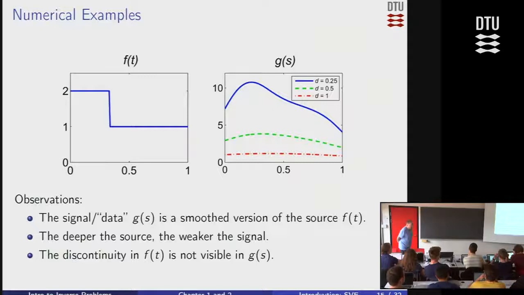One obvious thing we see is that when we put the source deeper in the ground, we get a weaker signal. Right, we would expect that. Actually, if my numerical results produced something else, there would definitely be something wrong with my computations, right? So sure enough, it has to be like that.